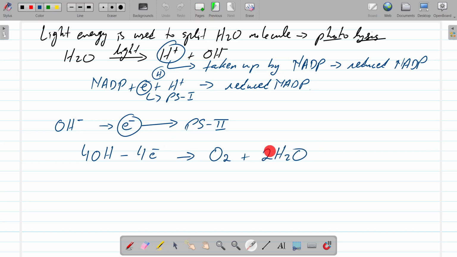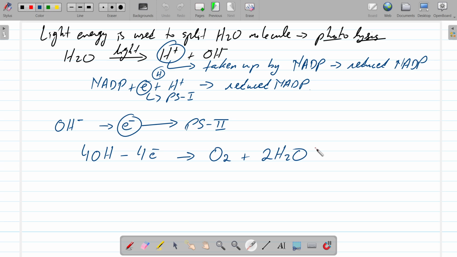And some water is replenished, so to speak. Not the whole thing, but some of it. So 4 are used, and we get back 50% reattained, and this is in the form of water. It could be given out as water vapor, or it could be utilized by the plant cells.